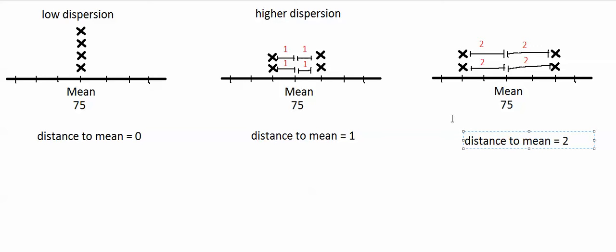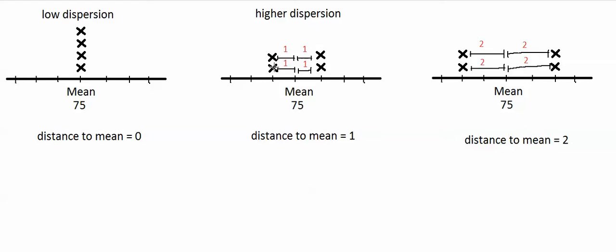So the point that I'm making right here is that when the values get more spread out from each other, the distance to the mean increases. So as the dispersion of the data goes up, the distance to the mean goes up along with it. This data set had the least dispersion, and the distance to the mean was 0.